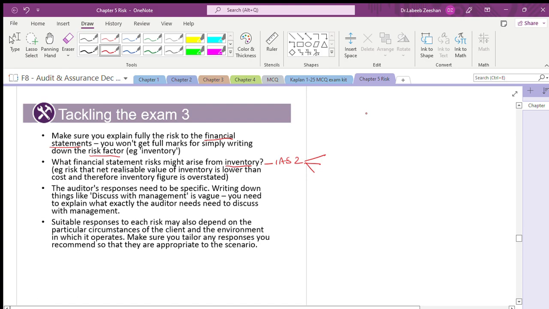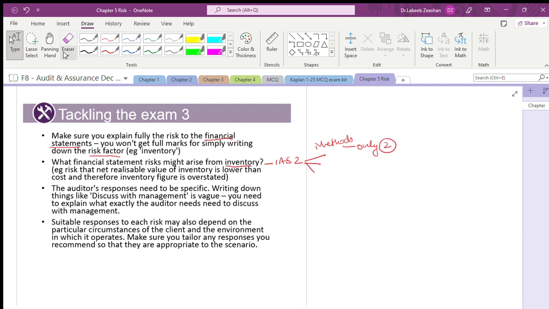Is it right? If we take inventory, inventory has two methods. The valuation of inventory: only two methods. As simple as that. Make it very clear. The first one, we are talking in terms of what?